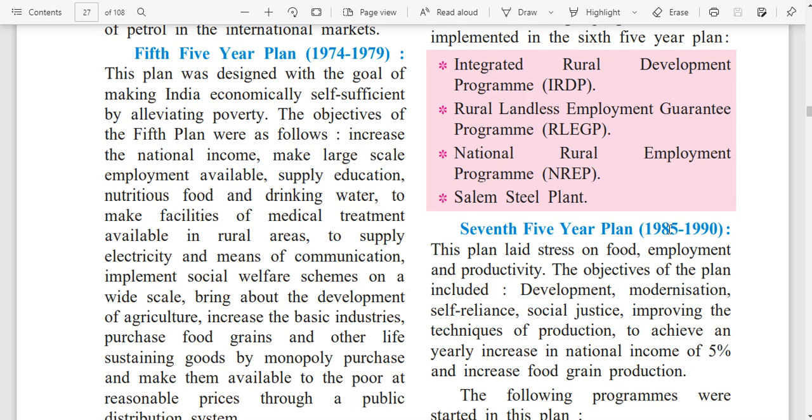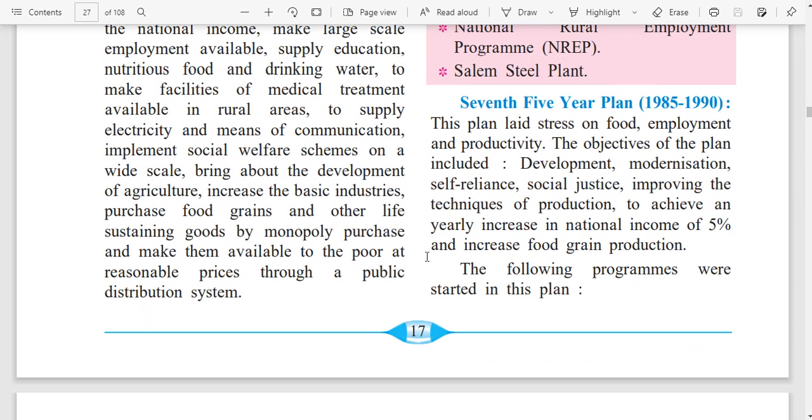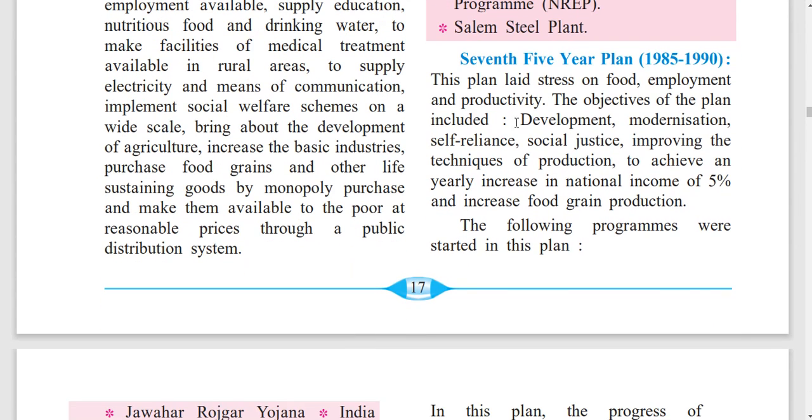Seventh Five-Year Plan, 1985 to 1990. This plan laid stress on food, employment and productivity. The objectives of the plan included development, modernization, self-reliance, social justice, improving the techniques of production to achieve a yearly increase in national income of 5% and increase food grain production.